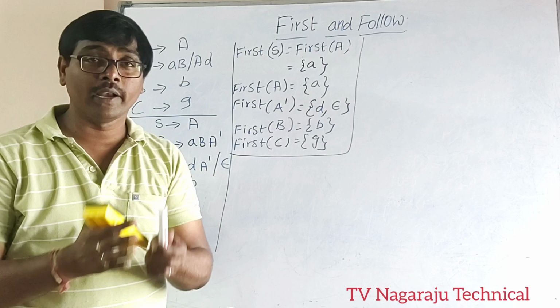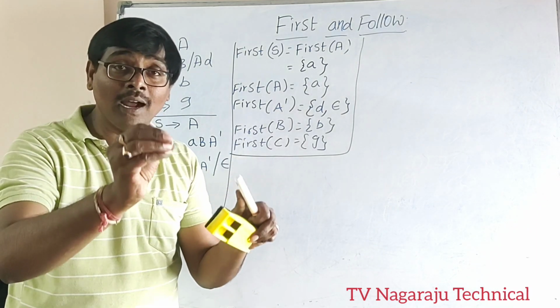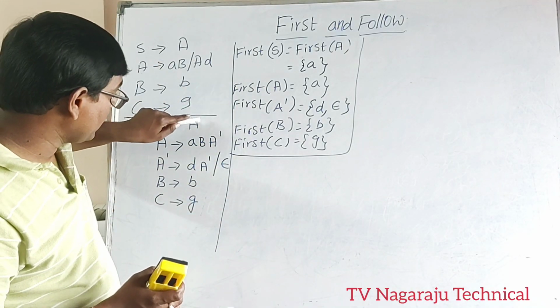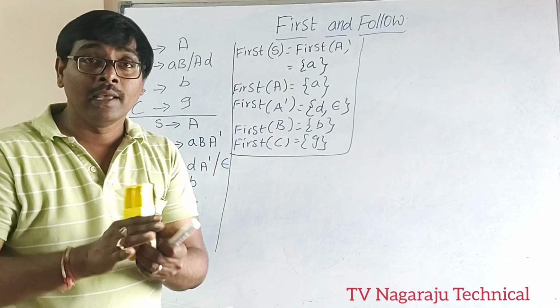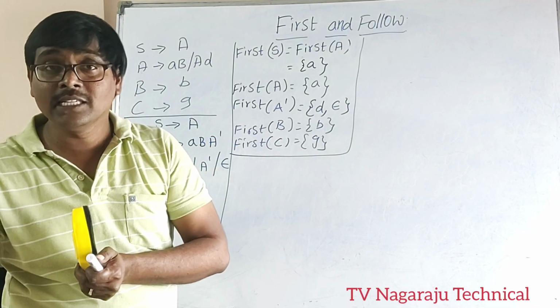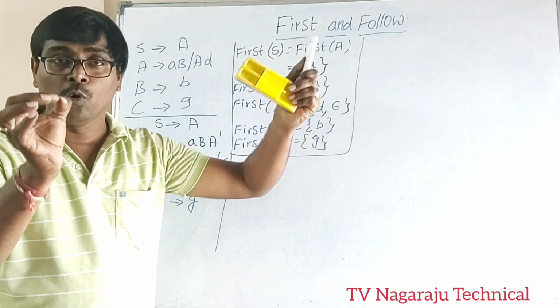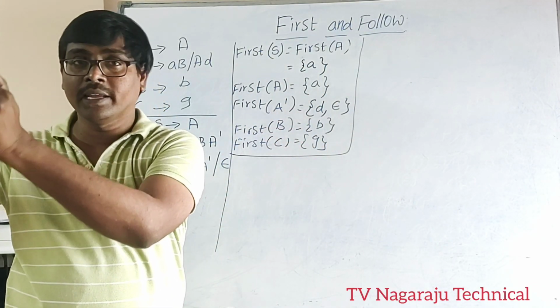It is the most important. Follow means you are calculating follow for a non-terminal, so identify the non-terminal on the RHS of the productions. Whatever symbol follows the non-terminal, you need to include. Suppose S is my non-terminal and S is available on the RHS.